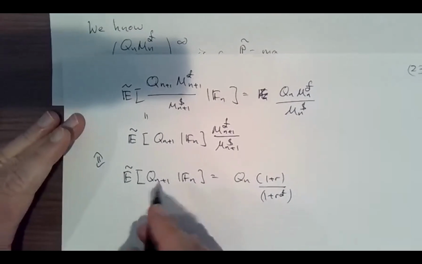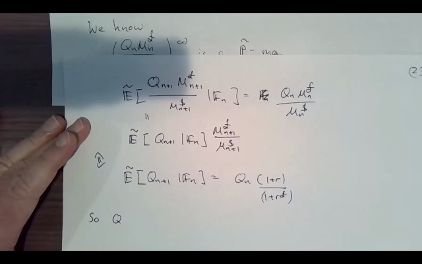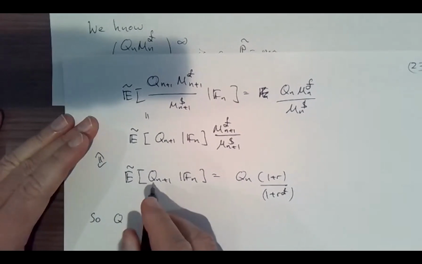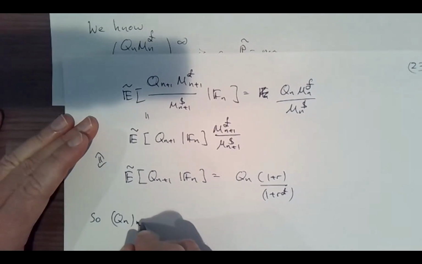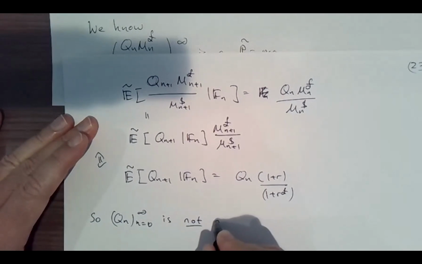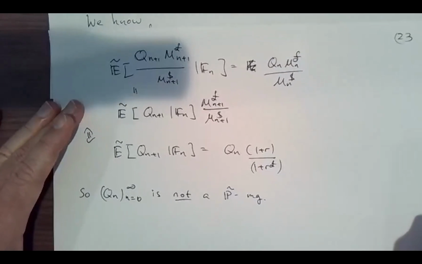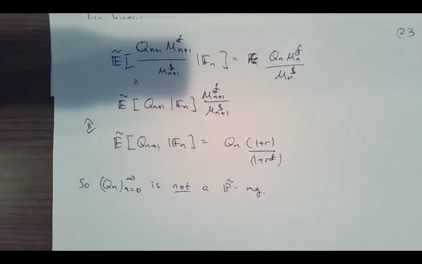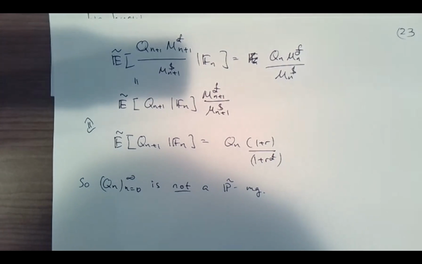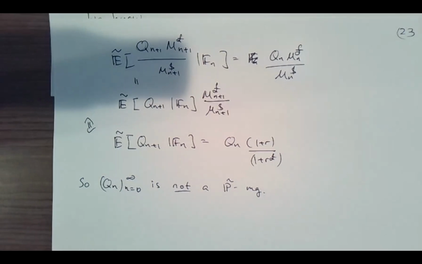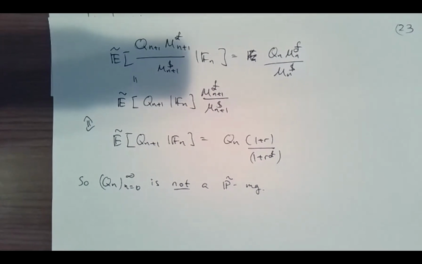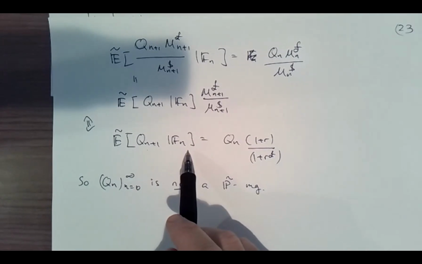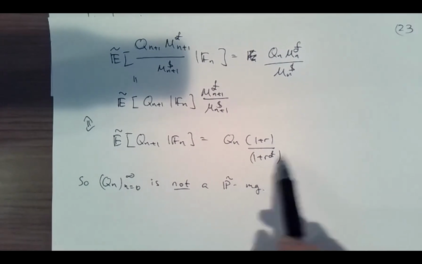And so in particular, you can see that Q is not a P tilde martingale. And that's the question I was asking you, to figure out what this conditional expectation is in terms of Qn and the two interest rates.